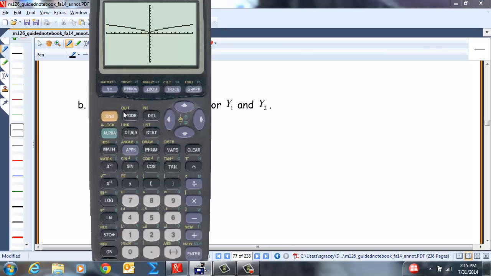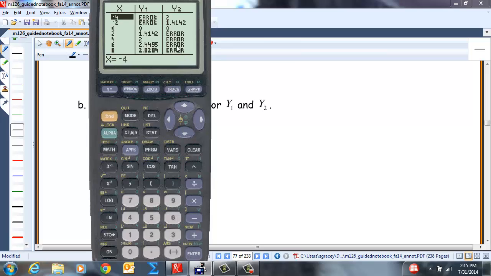this one will be a little odd. If we go to second table, it's kind of interesting because let's change the setup on the table.